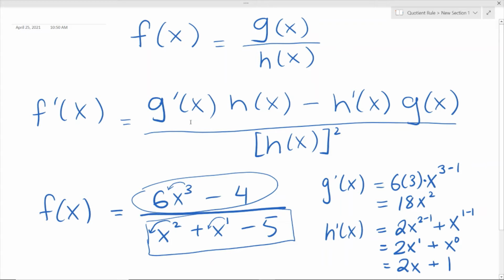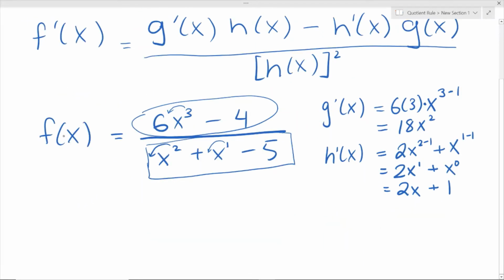Now, since we found g prime of x and h prime of x, we can substitute that into our equation right here, along with g of x and h of x. To find the derivative of f of x, f prime of x, we are going to substitute in g prime of x, which is 18x squared, right here.